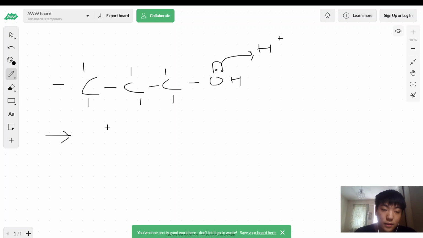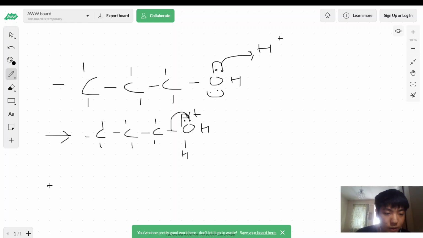The pair of electrons between the carbon and the oxygen gets attracted to the positive charge, creating water with two lone pairs of electrons, and a carbocation, which in this case would be this carbocation.